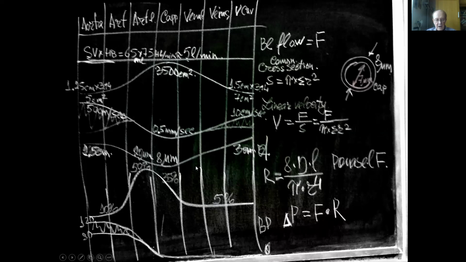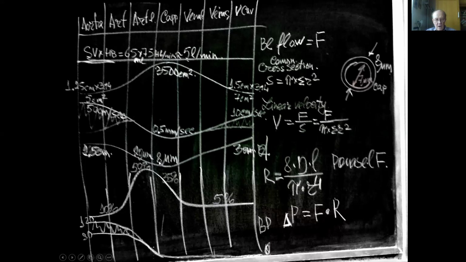This is the diameter of one vessel, of one aorta and one capillary. This is the common cross section. This is the square of all capillaries.